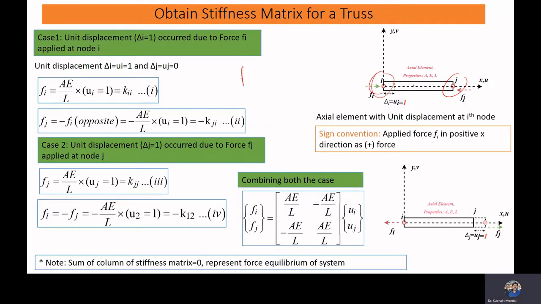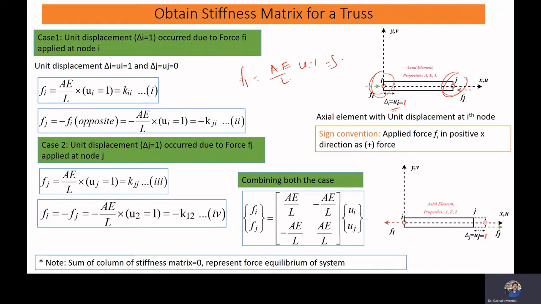We know if we consider 1 degree of freedom at each node, and if we apply a force Fi which is causing unit displacement, that we can say is our stiffness. So basically we can write Fi equal to AE by L into U equal to 1.